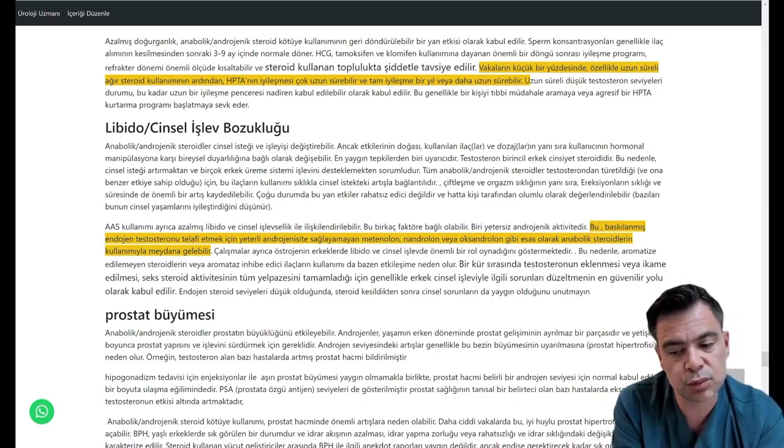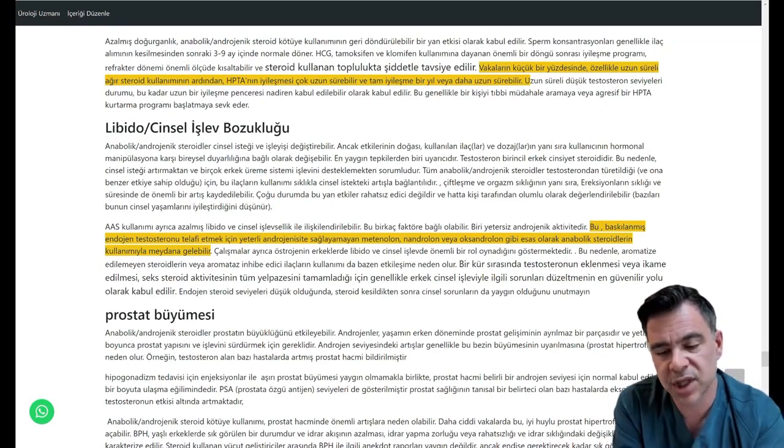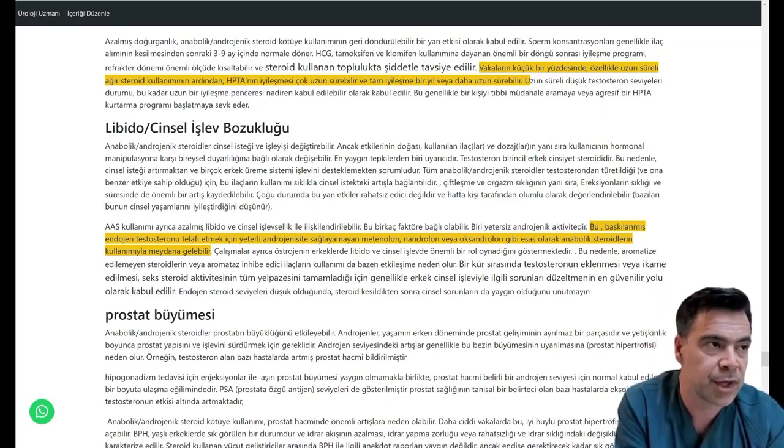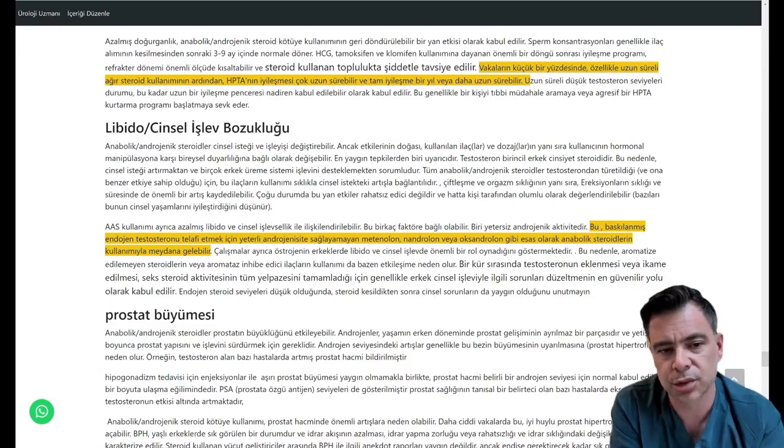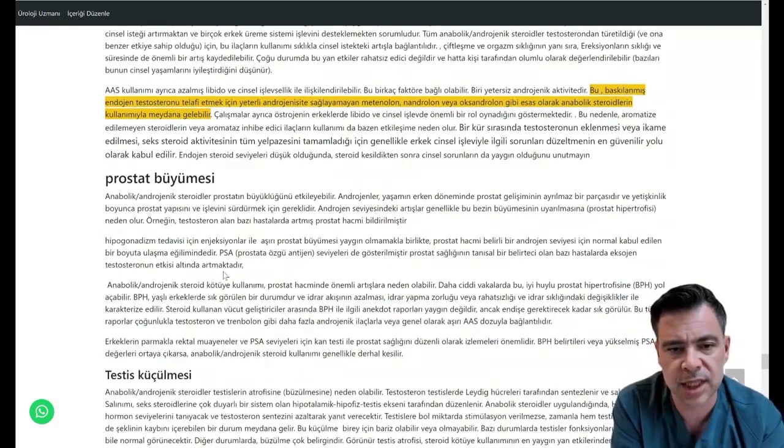Of course, using anabolic steroids increases sexual potency for as long as they are used. Apart from that, it can increase the volume of the prostate in moderate amounts. It may increase the PSA level moderately, but there are not many prostate complaints among users.